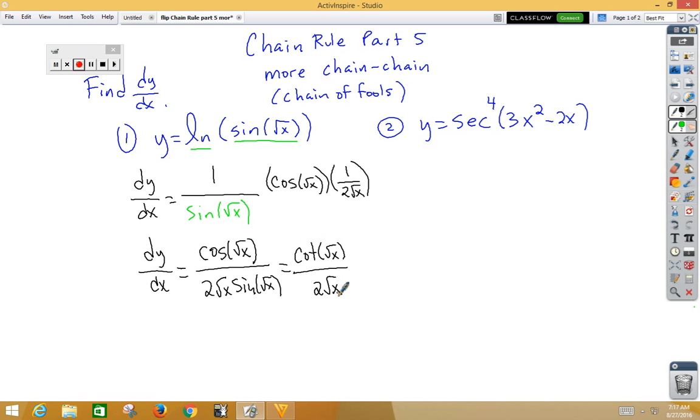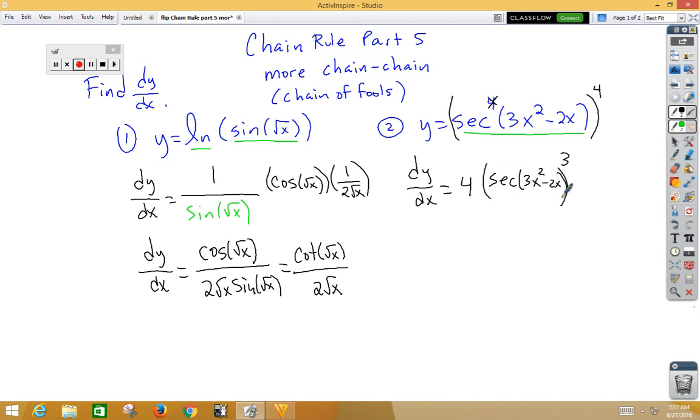In number 2, y equals secant to the 4th power, 3x squared minus 2x. So let's think of that instead as secant to the 4th power, since that means the same thing. So our inside function is secant 3x squared minus 2x. So derivative of the outside would be 4 to the 3rd power. Don't change the inside.